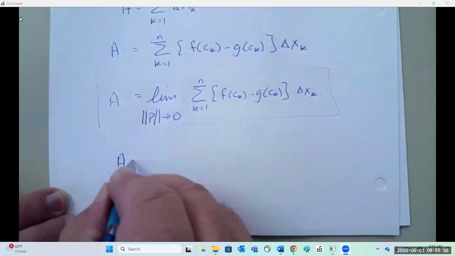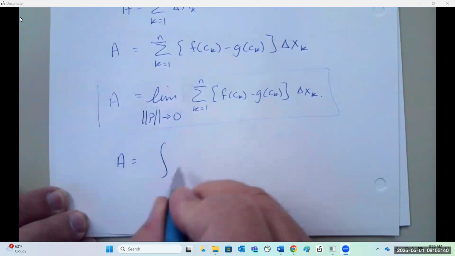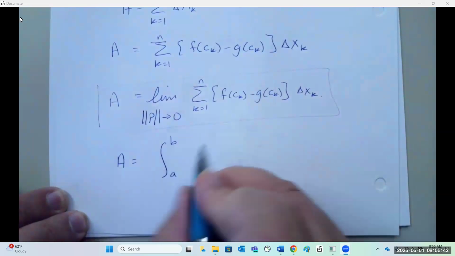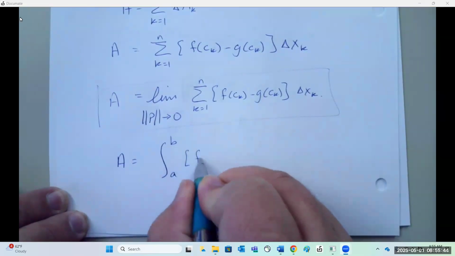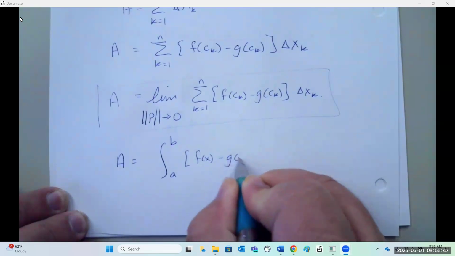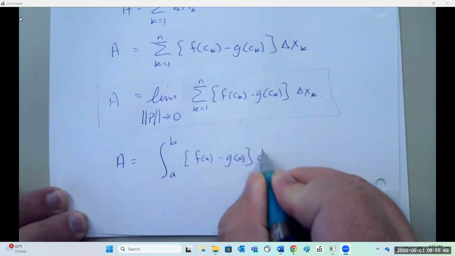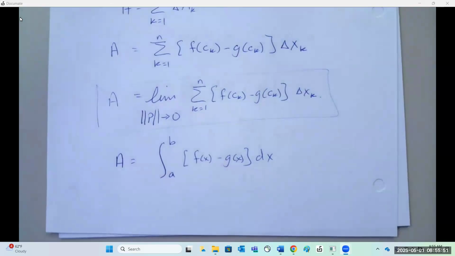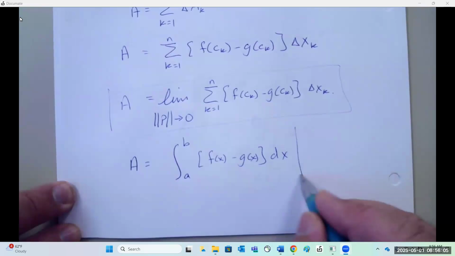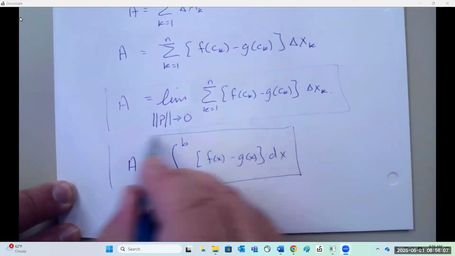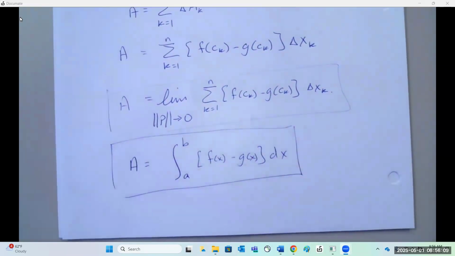So what this equals is the area from a to b of f of x minus g of x dx. So this is the formula we'll be using whenever we have multiple curves.